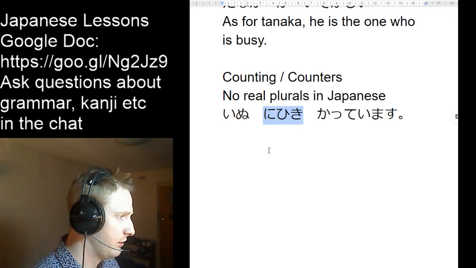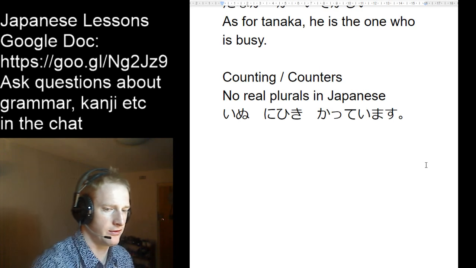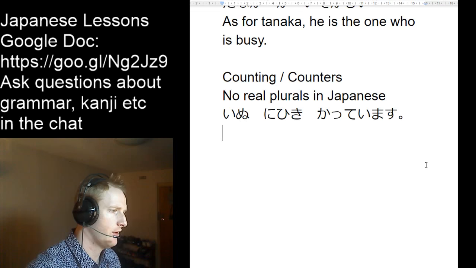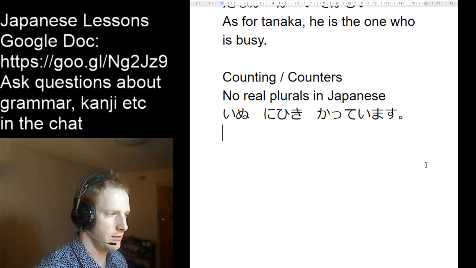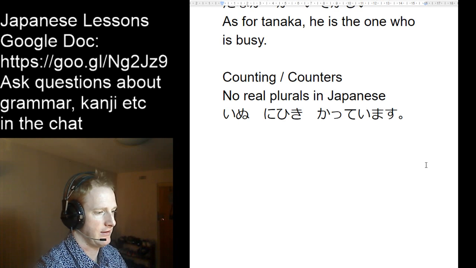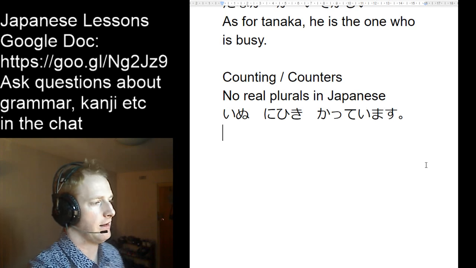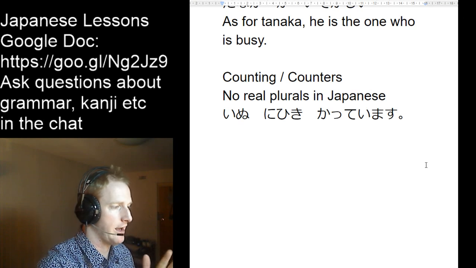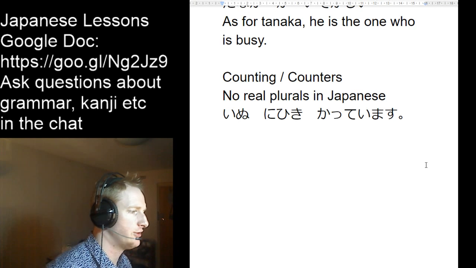So how do you tell the number? Well, you use these things called counters. So what are counters? Counters are basically a kanji or a word which allows you to count certain classes of things. There's a table that I'll bring up in a second of the various counters that I would say you need to know. There are so many that even Japanese people get confused. I remember one of my favorite TV shows in Japan used to have a little segment where they would test people on their knowledge of counters.